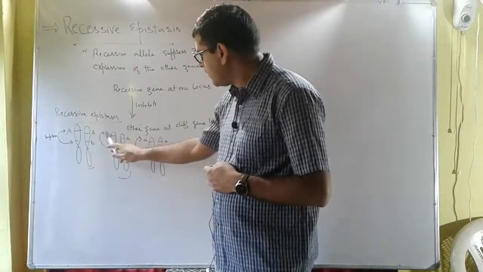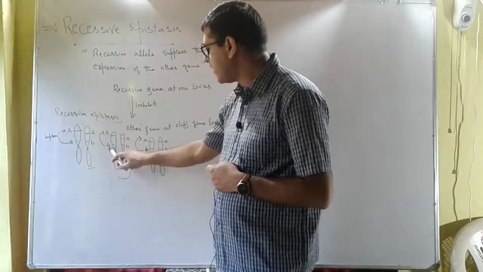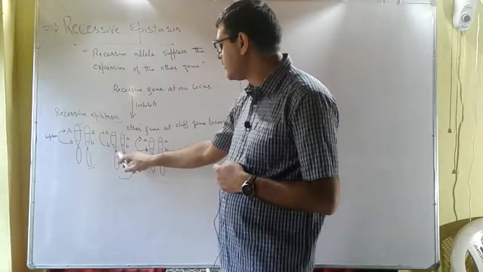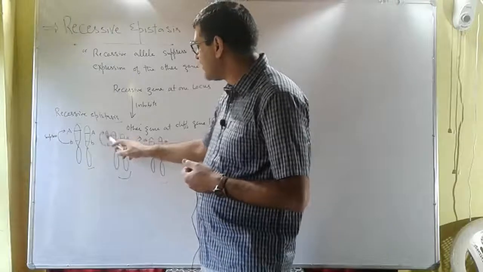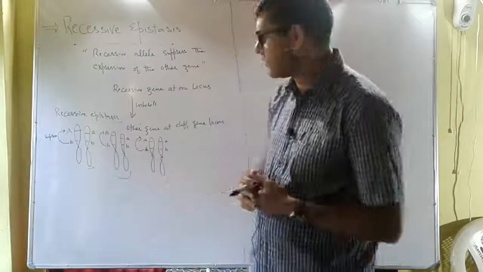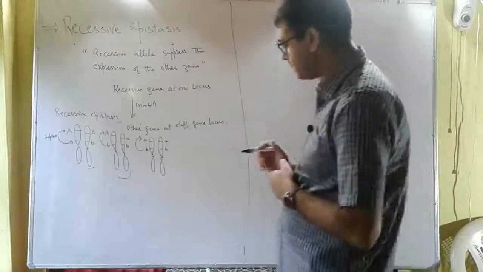This dominant allele can express itself only if there is the dominant allele of the B gene. But here we have a recessive allele, that is why this dominant allele cannot express itself in case of recessive epistasis.